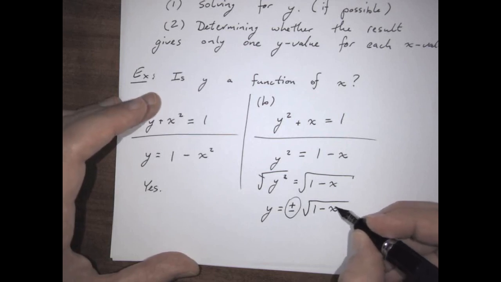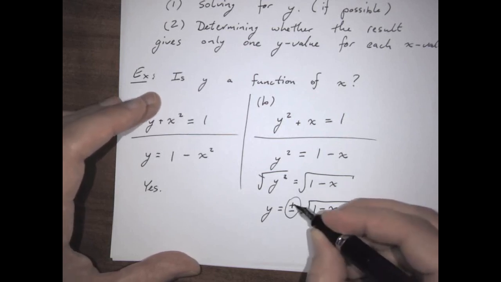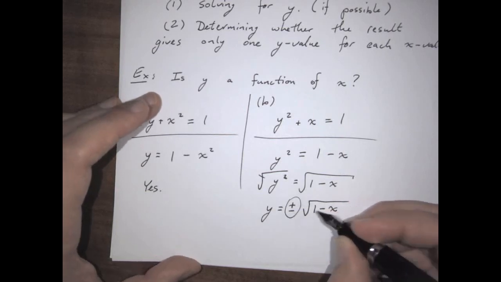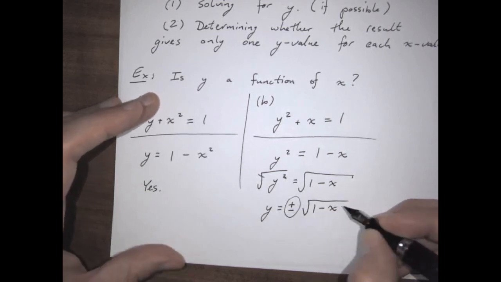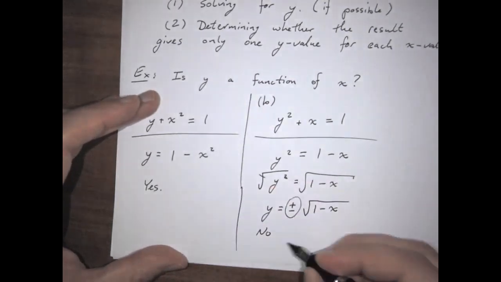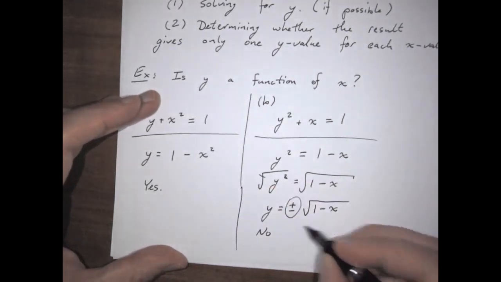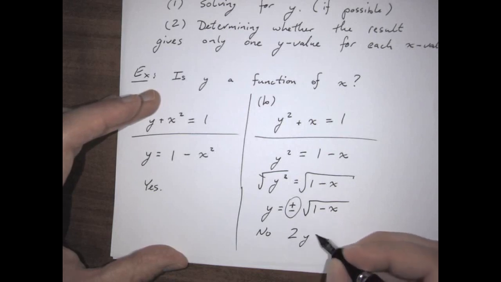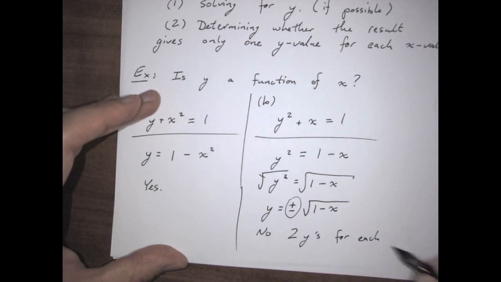I take the square root of that, whatever it is. There's going to be the positive version and there's going to be the negative version, two values of y for the same value of x. So the answer here is no. Two y's for each x.